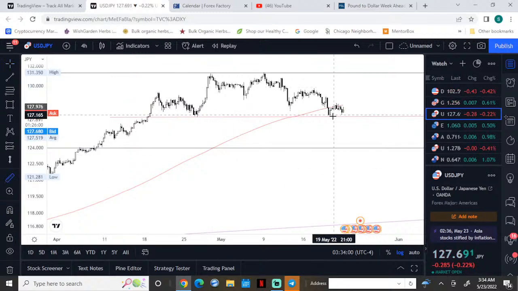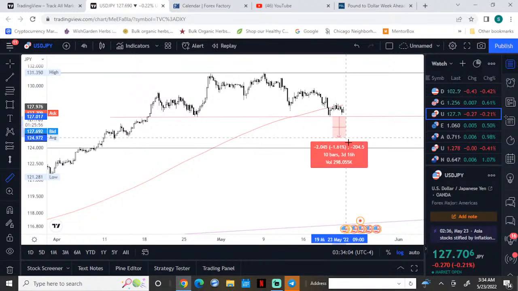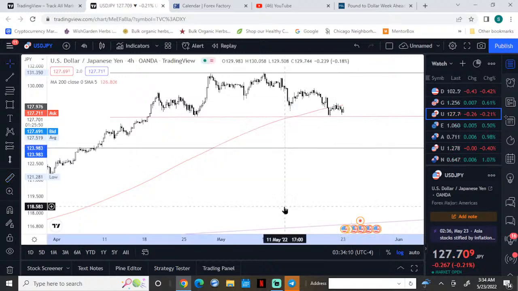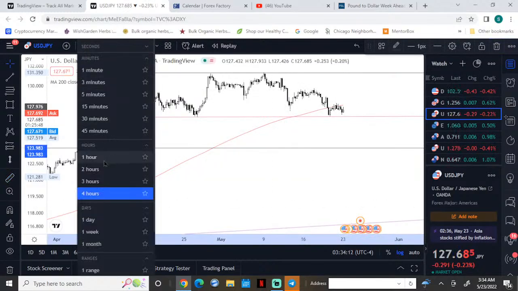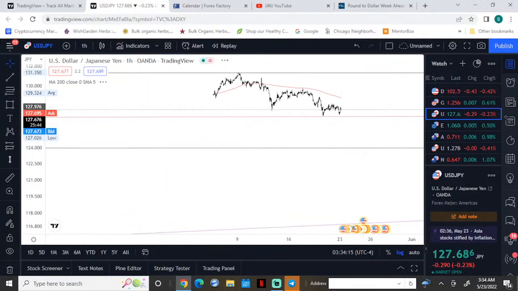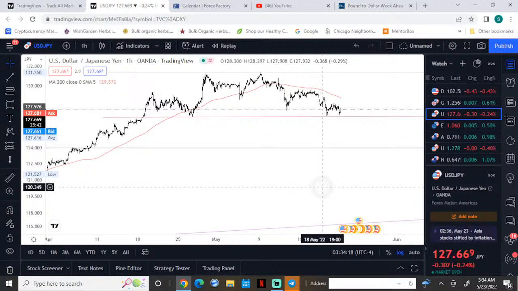Let's see how many pips is this zone. Yeah, it's quite a few pips. 309 pips. Let's go down to the early, see if we can find somewhere it went stagnant at. Yep, right here.